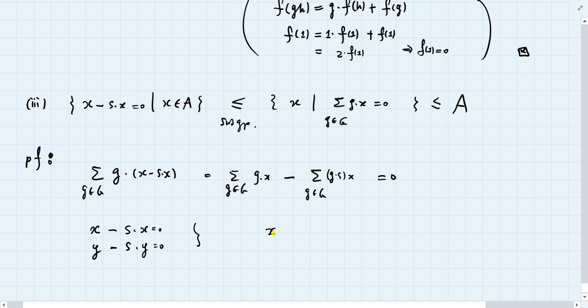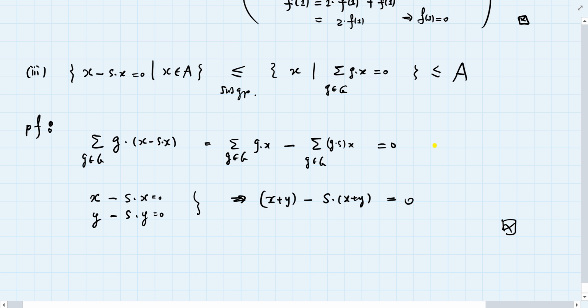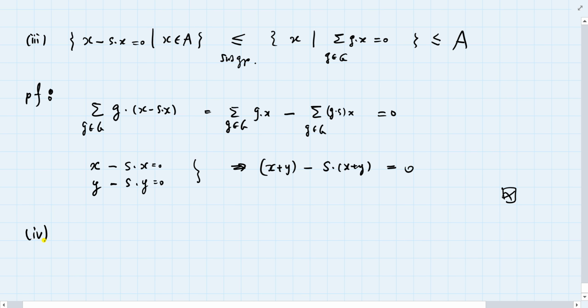So we want to claim that x plus y minus x plus y is 0. Yes, because again this is an automorphism, a ring automorphism, so this is just sx plus sy combined. That's obviously 0. Okay, I think there is nothing to prove for this statement.